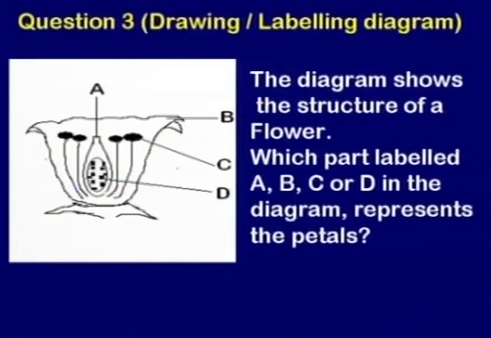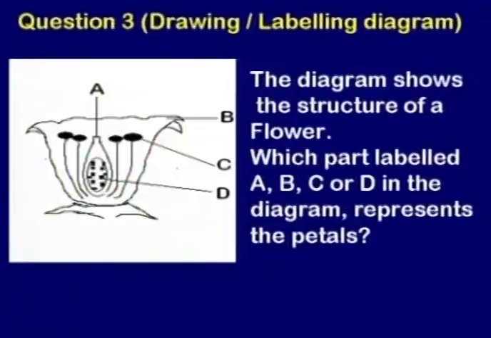Stigma is correct. Paul, what's C? Stamen. Paul says stamen. You agree? Is that stamen? Any other answers? Okay. Good try, Paul, but I'm afraid that's not the correct answer.